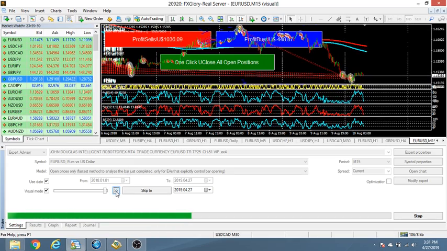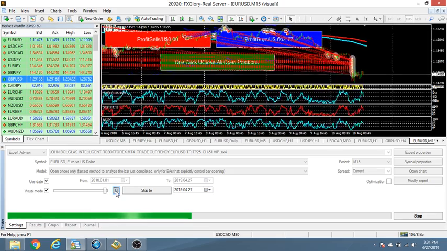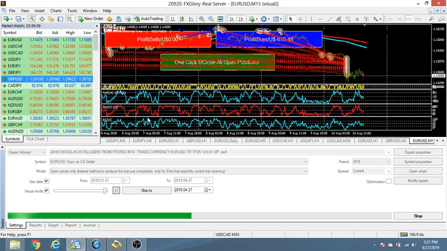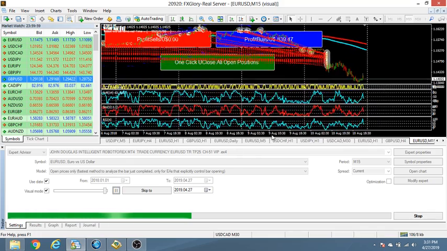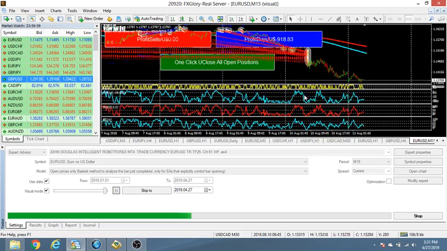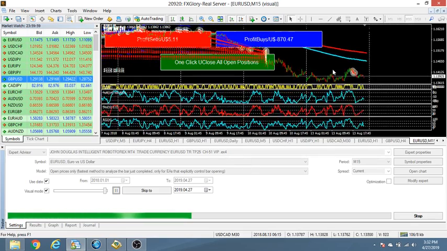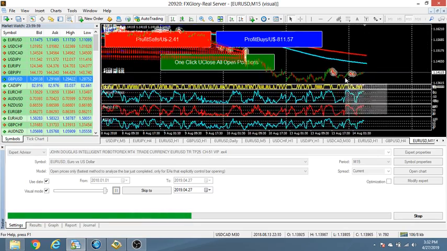Okay, you can see that. Now they close right here. Everything closes, and then all zero here. Now they open more and also open buy too.